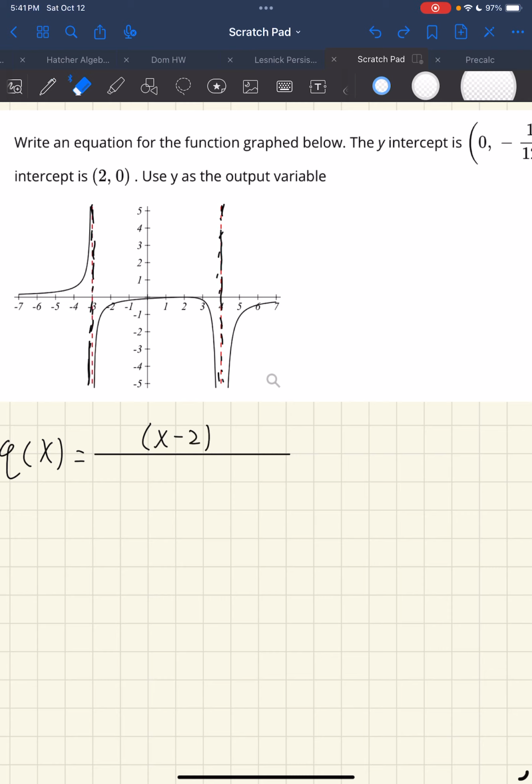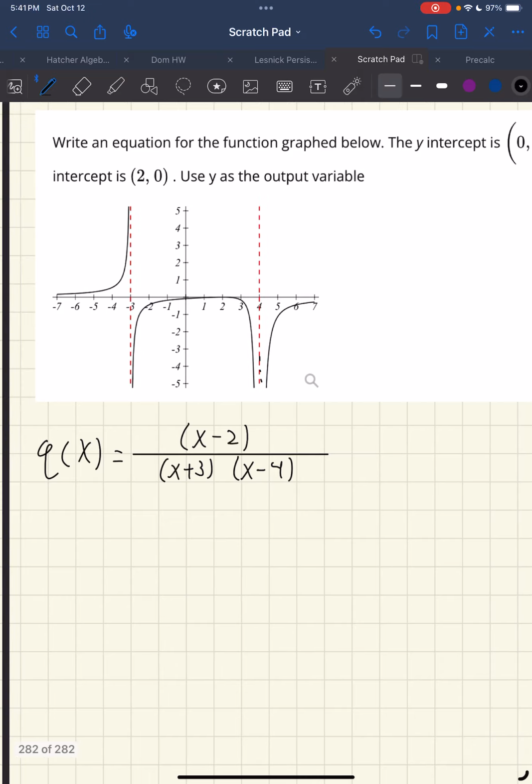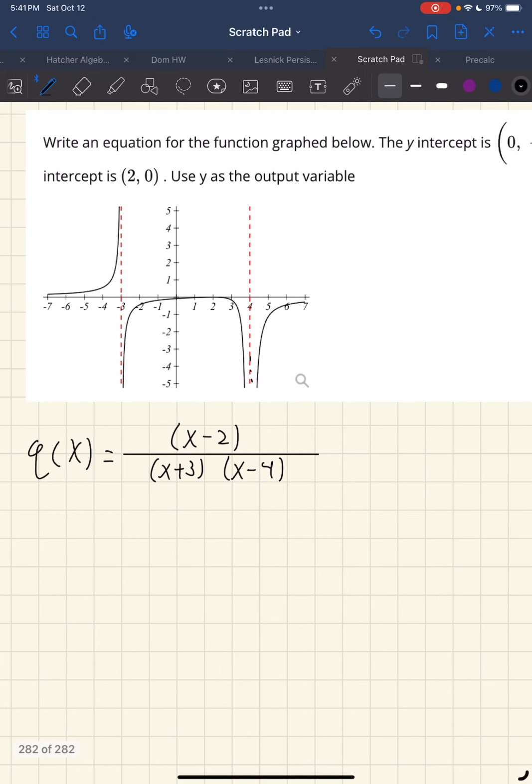So I have asymptotes exactly at x equals negative 3 and x equals positive 4, which means x plus 3 to some power times x minus 4 to some power downstairs. Now, what we want is the horizontal asymptote to go to 0. Cool. So that means the degree upstairs must be smaller than the sum of these degrees. Also good to know.